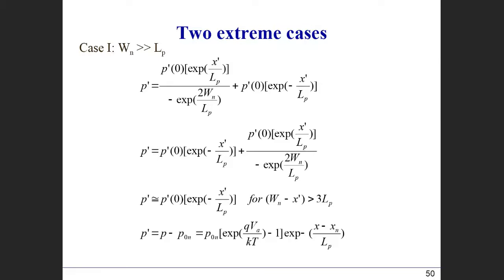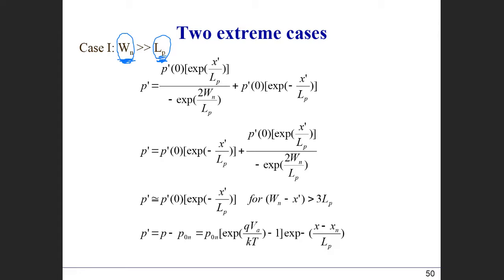So now in these two cases, we compare this Wn and the Lp. The first case is when the Wn is much larger than the Lp. Wn is, again, the location of this metal contact on the N side. Let's say that it is much larger than the Lp.